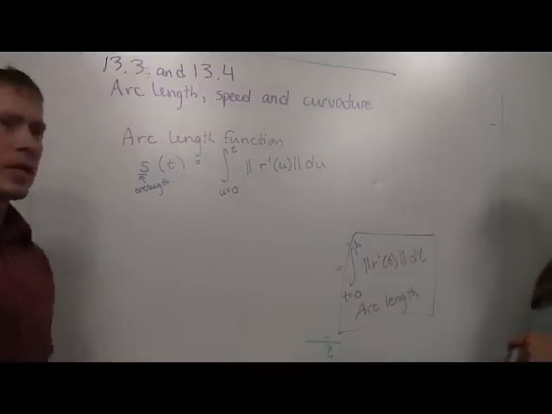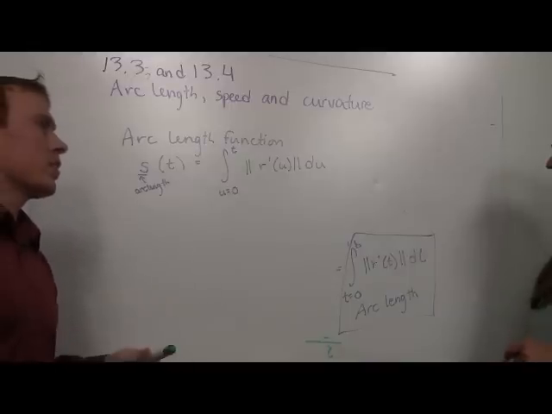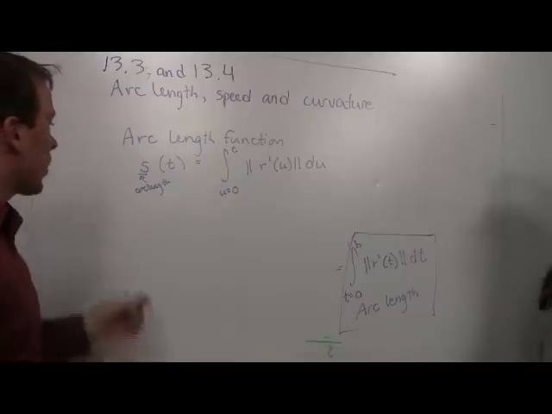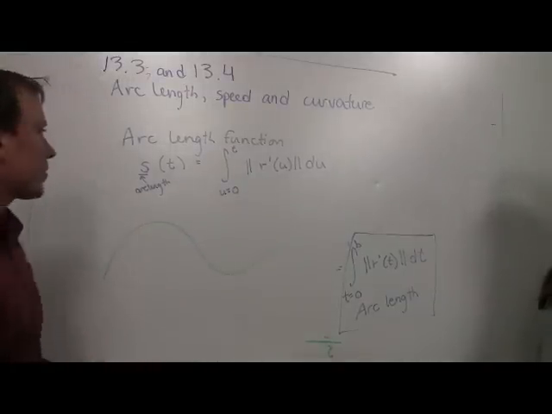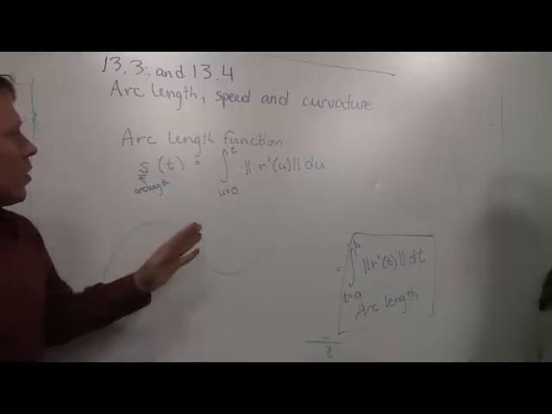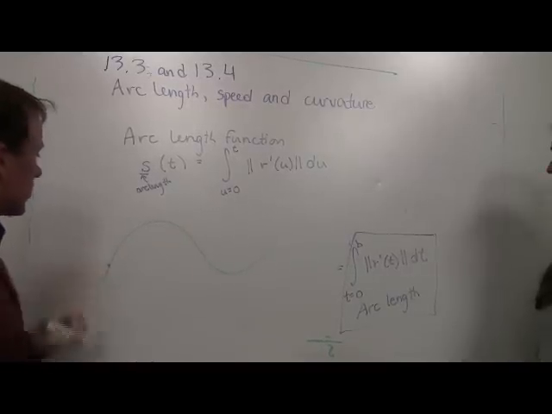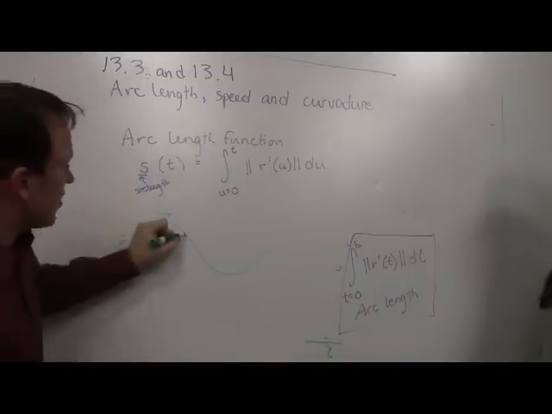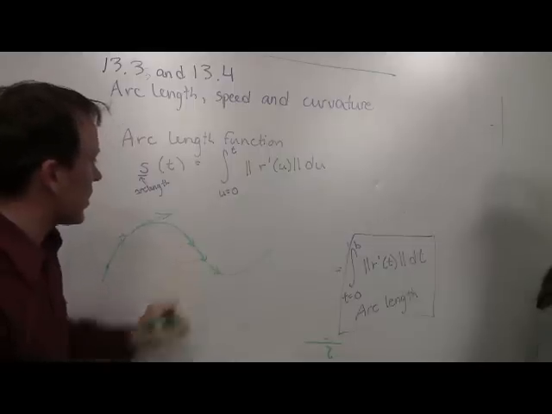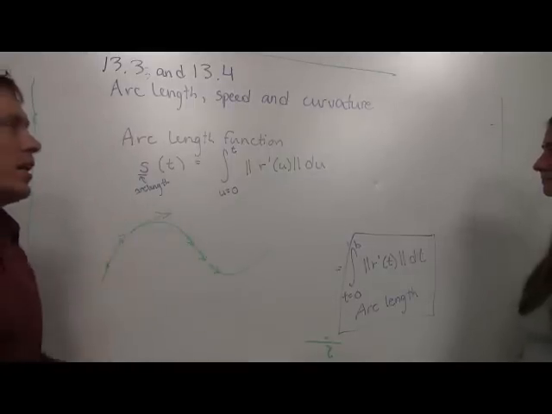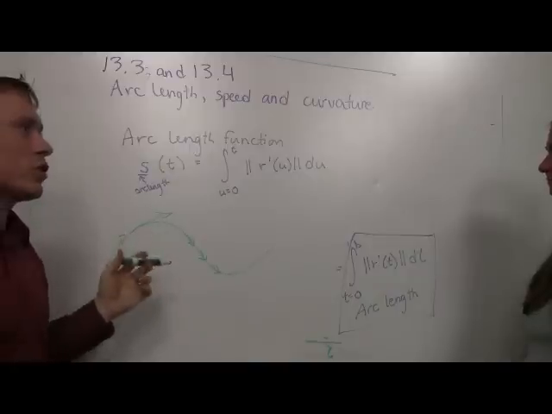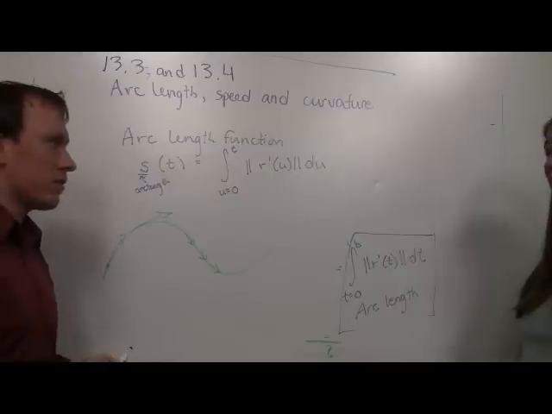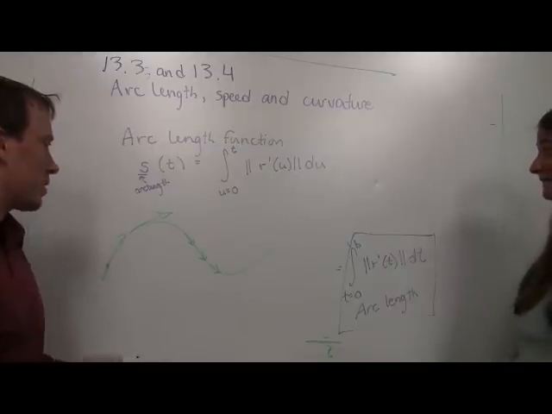Also, before we get any further, we want to revisit speed, the speed at which we travel. If we have our path and we're traveling along, we have the velocity vectors at any given point. We could be going really fast as we go up this hill, and maybe slow down later. This is all going to be determined by the parameterization we have for our original function. But we've been calculating velocity before.